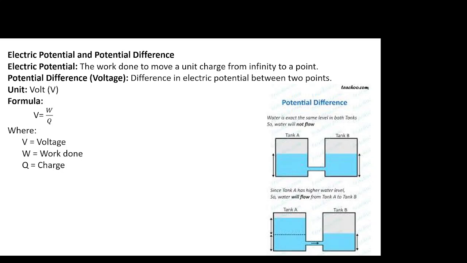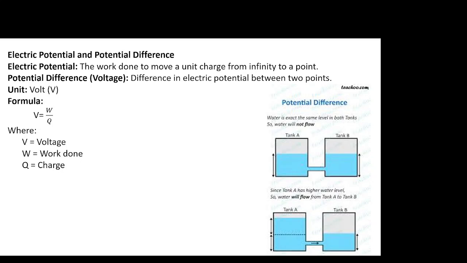And potential difference means the difference in electric potential between two points. So it is the difference of electric potential between two points. That is called potential difference. Its unit is volt.